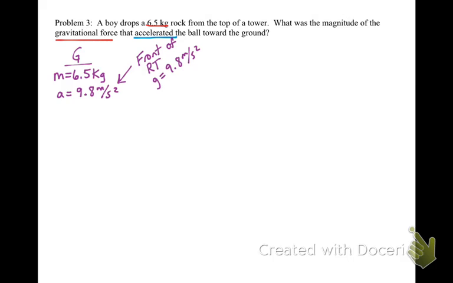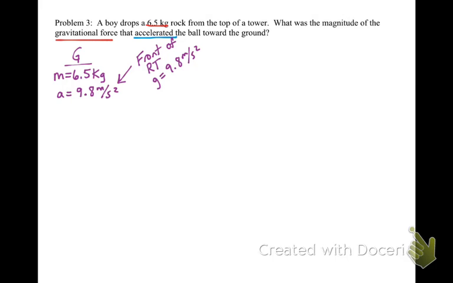That's the acceleration due to gravity. So they do give you that particular information. They just don't necessarily give it to you outright. They say that a boy drops it, so they give you that acceleration. I'm going to show you later on a second equation that deals with our acceleration due to gravity.